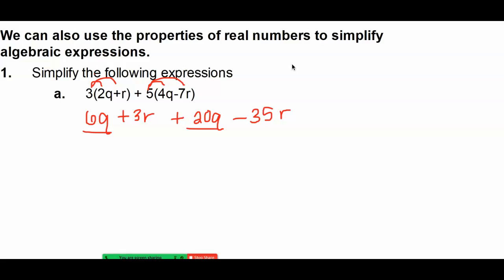Add your Q's together. Group your R's together. And we get 26Q minus 32R. So you distribute, combine like terms.